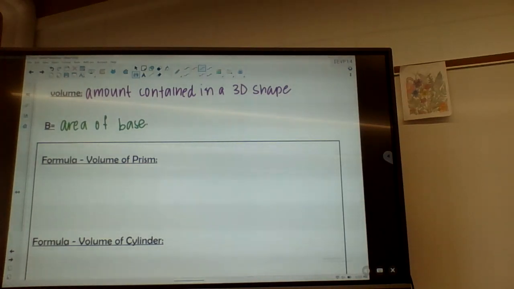And we're going to talk about 2 formulas today. We're going to do prisms and cylinders. Tomorrow we'll do the cones and pyramids. So our volume of our prism. Going back to our prism, remember our prism has parallel bases. It usually looks like some sort of cube or a dice, even if it has some different weird shapes to it.